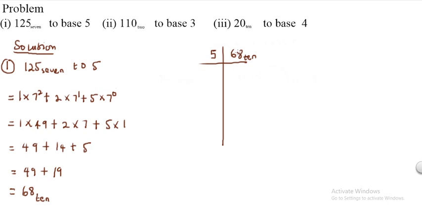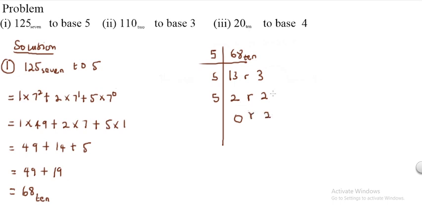The next thing is to say 68 divided by 5. 68 divided by 5 is 13 remainder 3. Then we now say 13 divided by 5 is 2 remainder 3. So we'll now say 2 divided by 5. It doesn't go a whole number of times. And since 5 is greater than 2, we'll just write 0, then bring this 2 down here. So we'll write remainder 2.